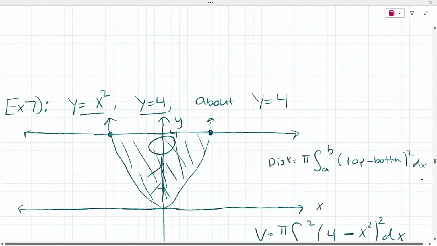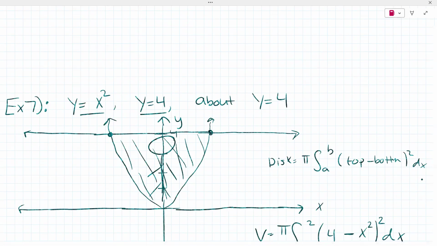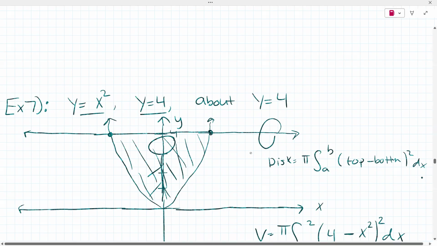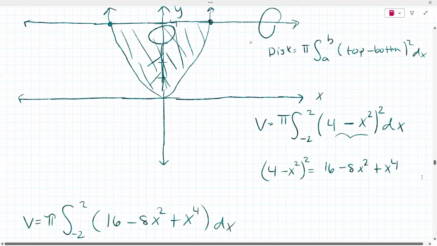So yeah, since we're revolving around y equals 4, everything has to be in terms of x.